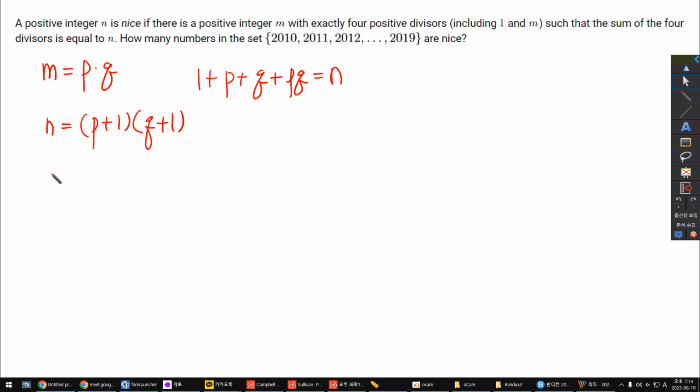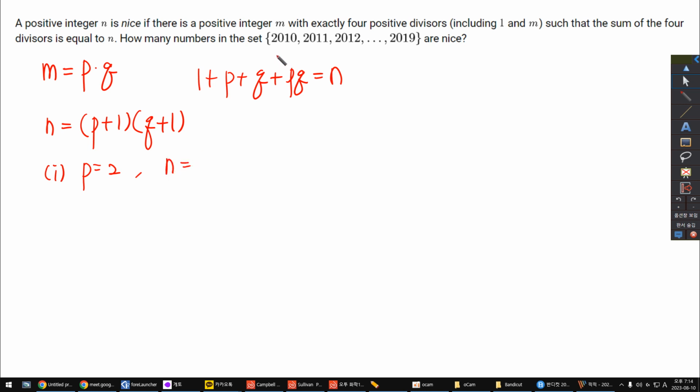So the first case we can think of is, let's say one of these 2 primes is 2. So let's say P is 2. If P is 2, N is a multiple of 3. So from the set, we can choose the multiples of 3.